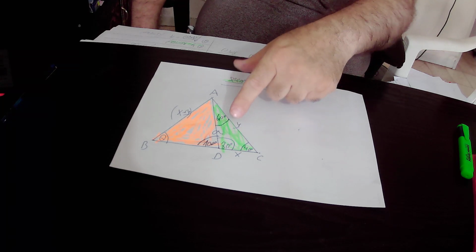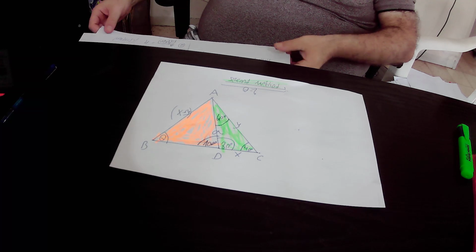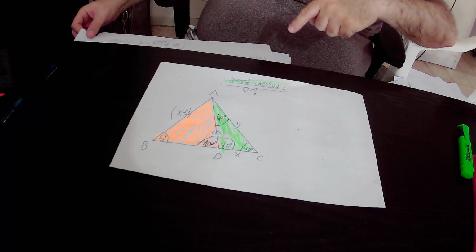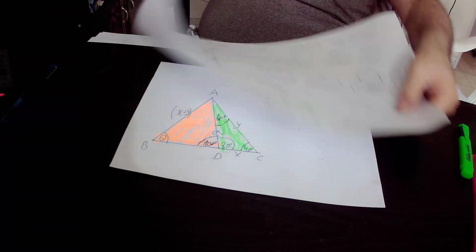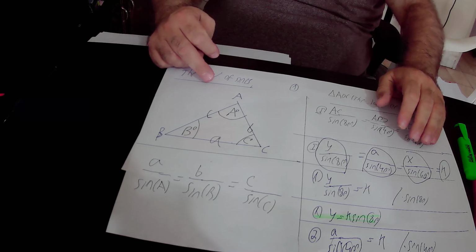Then we define side AD as a, and then I presented to you the law of sines, and we implemented the law of sines in the green triangle and then in the orange triangle. So what is the law of sines? The law of sines is true in any triangle. So this is triangle ABC that could be any triangle.